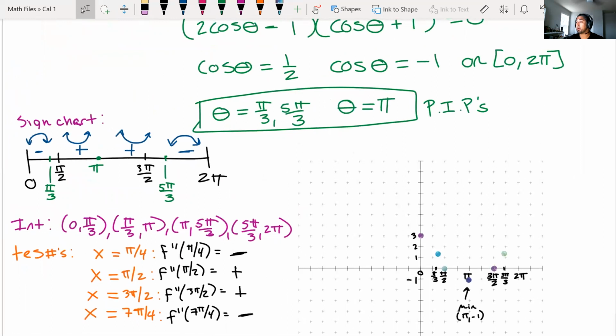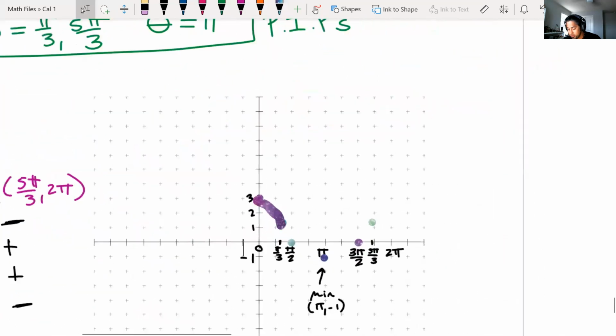Now go ahead and follow our concavity sign chart. From 0 to pi over 3, we are concave down, maybe like that. And then from pi over 3 to pi, we are concave up. Actually, pi over 3 all the way to 5 pi over 3, we are concave up. And then we're concave down. So let me make this look better.